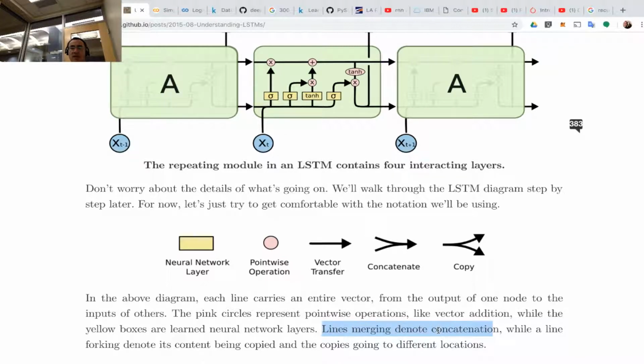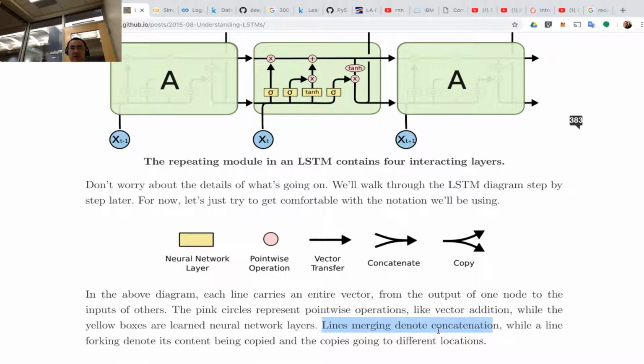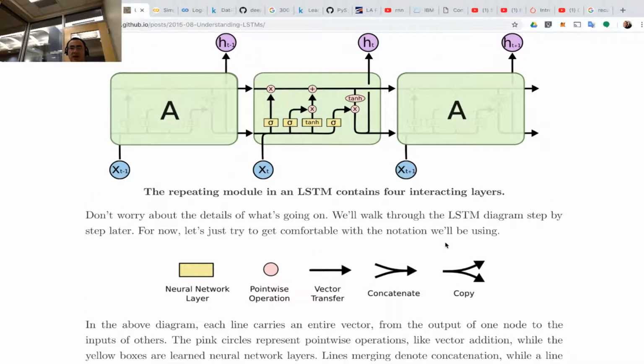Concatenation. While a line forking denotes its content being copied and the copy going to different locations. So where is forking? Oh, like this one, right?